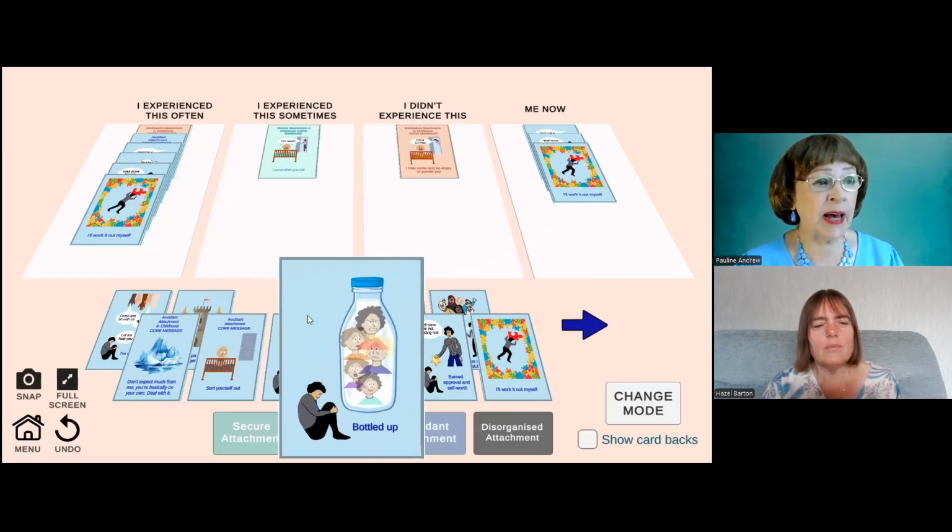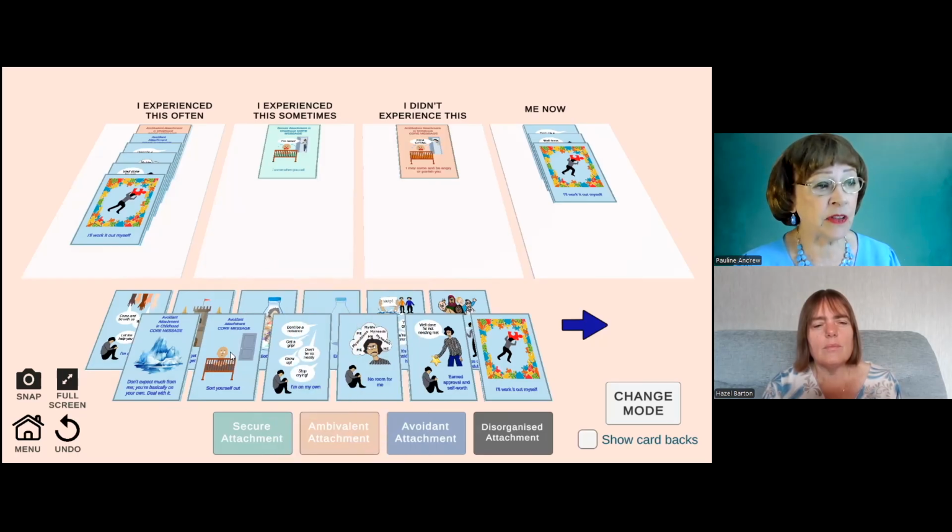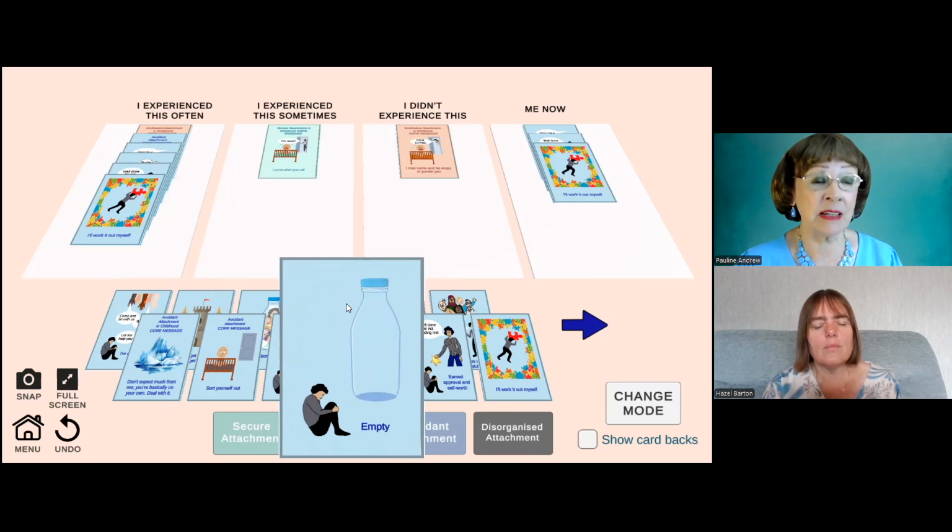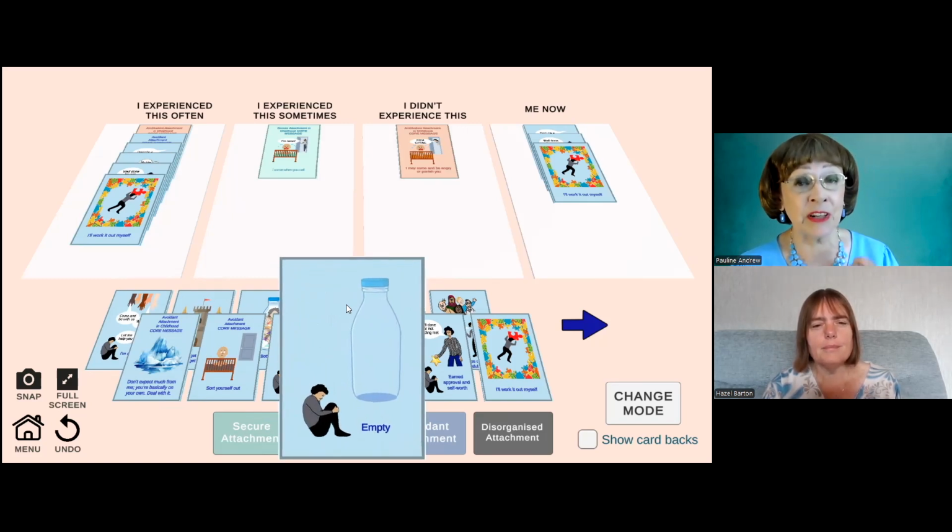This one is where emotions tend to be bottled up. We go back to the baby in the cot where there was no point in having needs, and feelings of emptiness. Ironic, very often when people feel empty, they're actually full of unnamed emotion. So those two cards kind of go together.